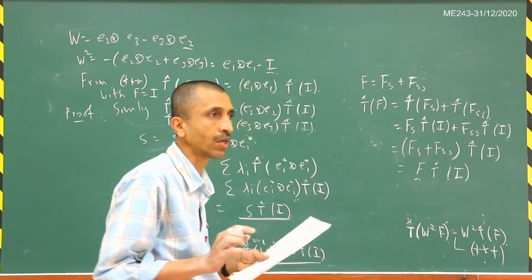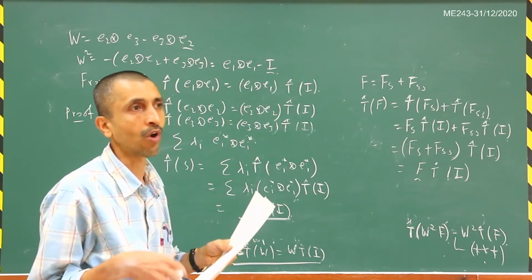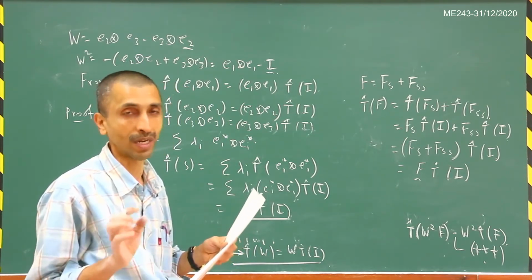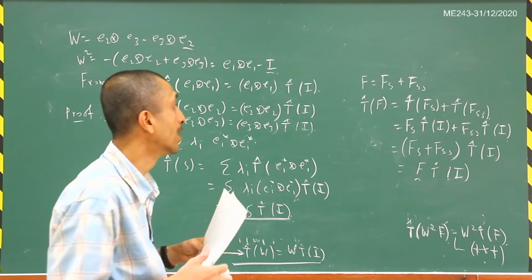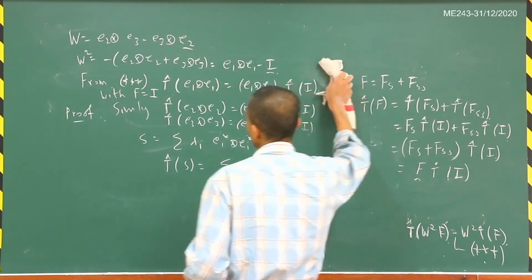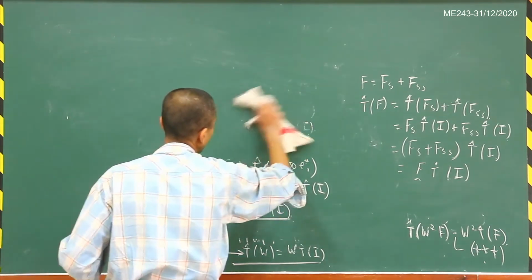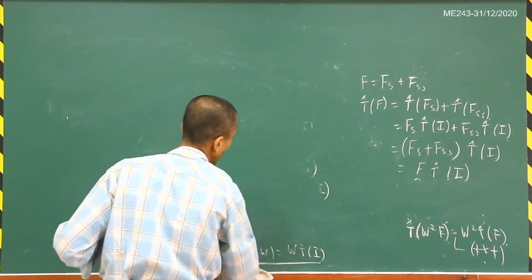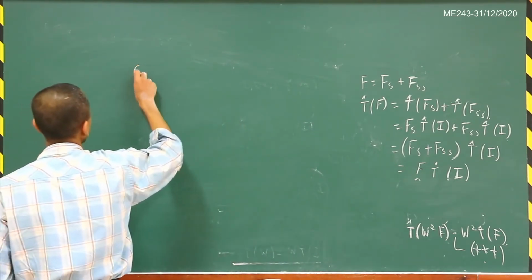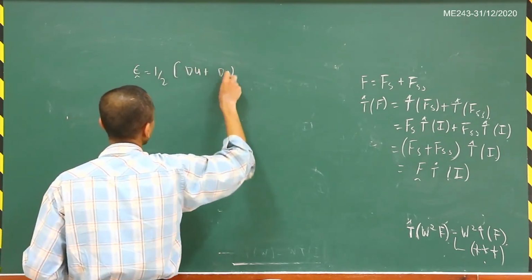Even though the linear constitutive relation violates material frame indifference, still we adopt it as an approximation. That is what we have to bear in mind here. So let us just look at all the relations in the linear context. We have seen that epsilon is equal to half of del u plus del u transpose.